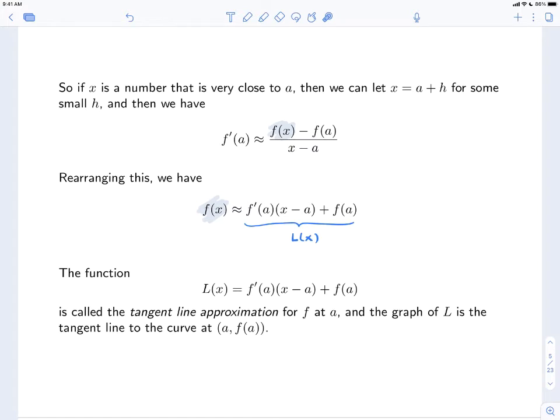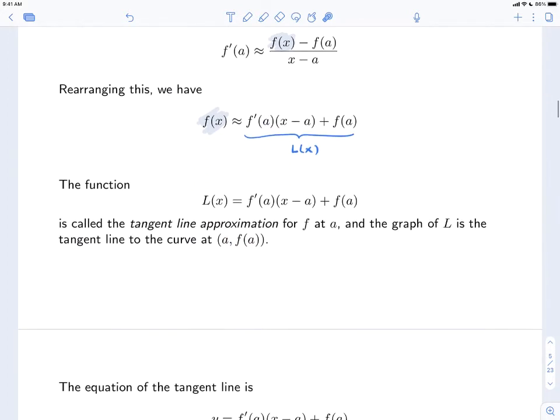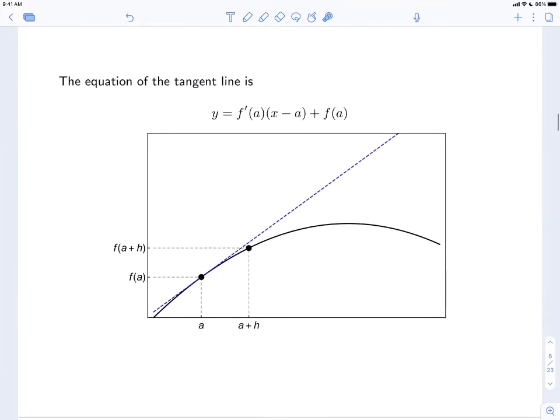The function L at x defined in this way, so that L at x is equal to f prime of a times x minus a plus f at a, is called the tangent line approximation for f at a, and the graph of L is the tangent line to the curve at the point a comma f at a. So here we can see the graph of our curve.